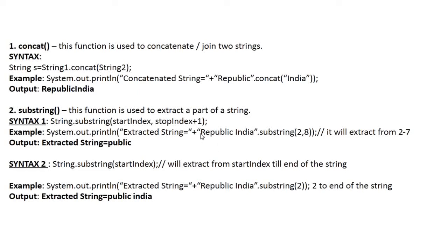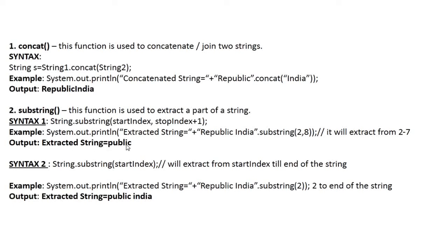So 0, 1, 2. So it will start from P and it will go till 8, means before 8. So 2, 3, 4, 5, 6, 7, that means it will extract what? Public. So the output would be: Extracted string is equal to public. So here is the output.